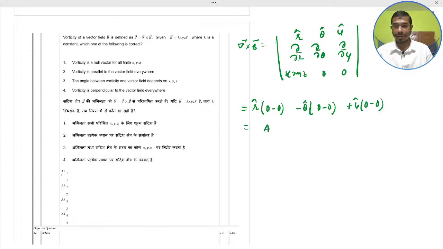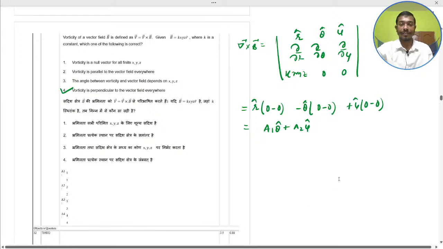That's what? A1 theta plus A2 phi. Velocity is perpendicular to the field vector. Option B, option 4 is correct. Velocity is perpendicular to the field vector anywhere.